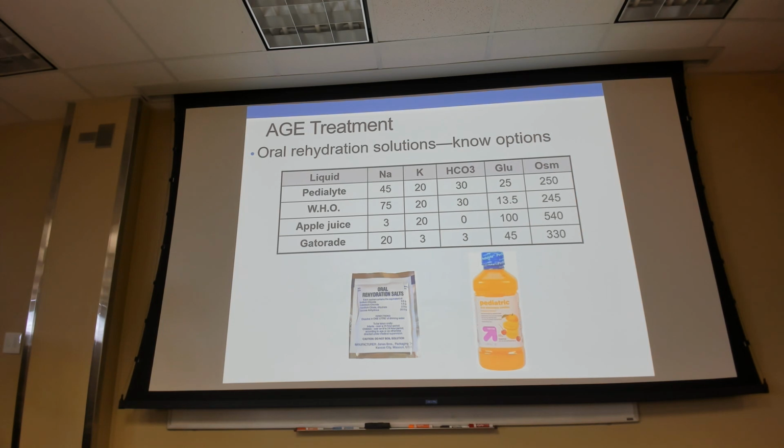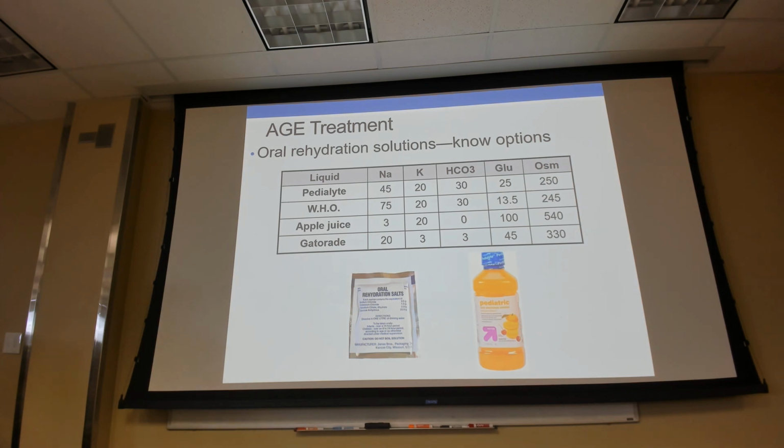What I don't need you to do, please do not memorize this table at all. What I'm trying to show you is that there are different concentrations for different liquids. So it depends on what you're trying to do. If you are really saying, I need to do oral rehydration, I need sodium, then certainly Pedialyte is going to be much better than apple juice or Gatorade.